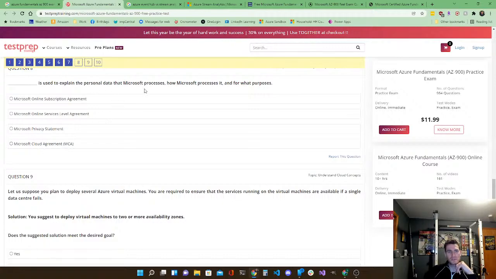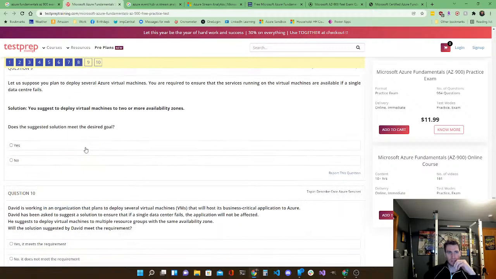If we're talking about personal data, how they process it and for what purpose, that really sounds like privacy. SLAs are more like this company promises to give you this amount of uptime at these different levels, and here are all the services we're going to give you based on what you're signing up for. So that's not really that.